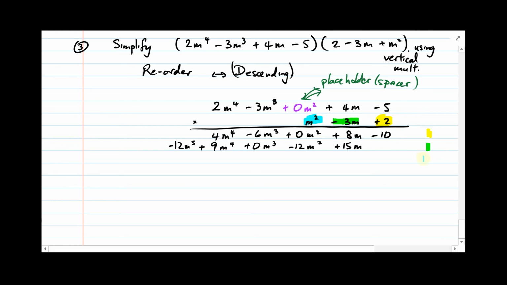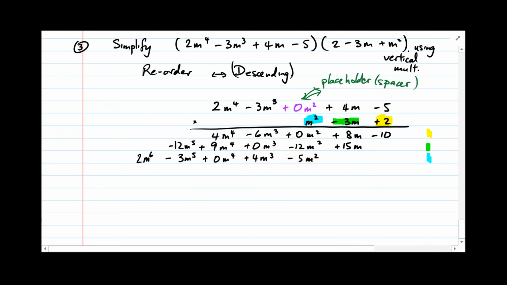We're now just multiplying by m squared, and in doing that we see that the highest power will be m to the 6th. Some of you are getting annoyed with me starting from the left when there's probably no need to. Alright, so let's go 2m to the 6th minus 3m to the 5th plus 0m to the 4th and 4m cubed minus 5m squared.